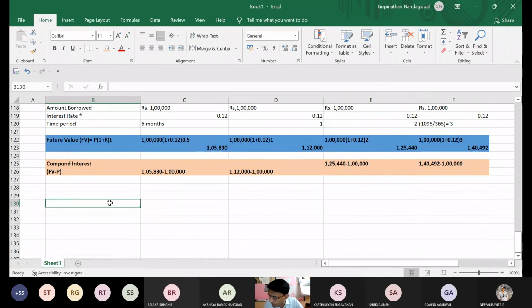That is applicable only when you have a series of cash inflows. But in this case, that will not apply. This is just a single, only one cash flow is there. Okay, sir. Yes, that's all.